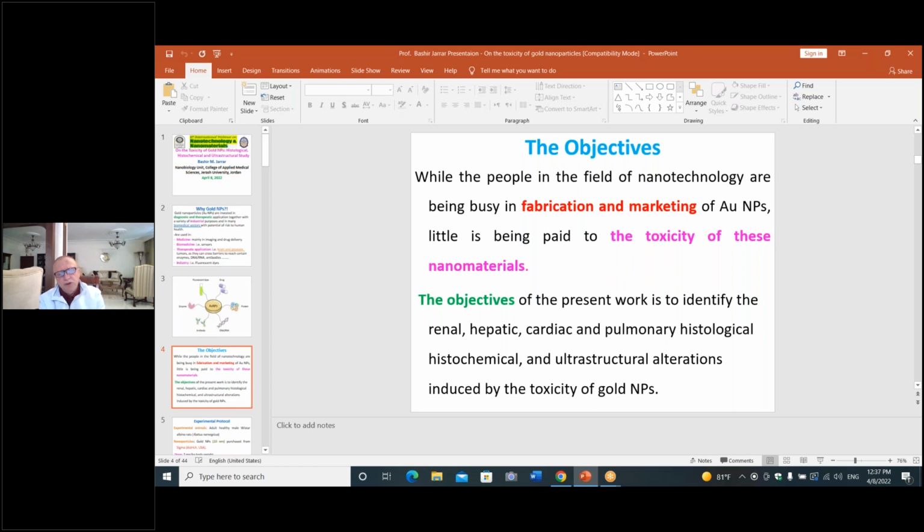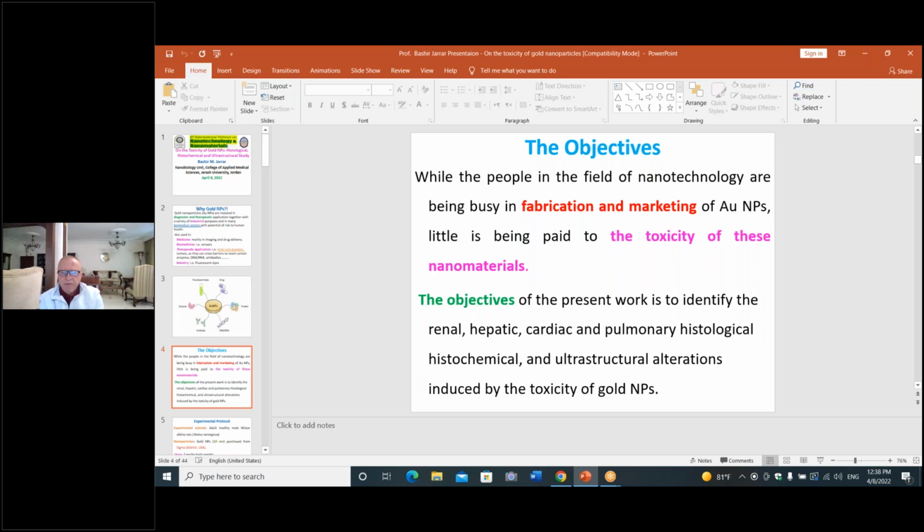nanomaterials. So the objective of my work is to identify the effect of these nanoparticles, I mean the gold nanoparticles, on the kidney, liver, heart, and lungs, the main vital organs of the body, using histological and histochemical techniques, and ultrastructural alterations by using the electron microscope.